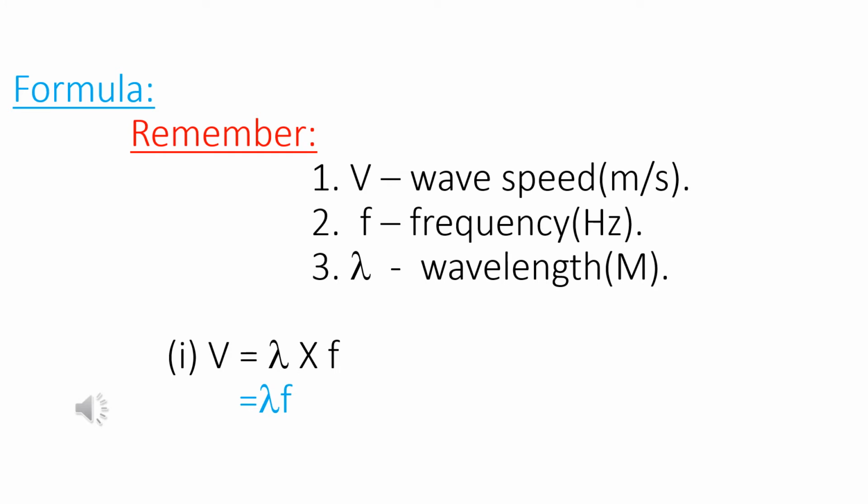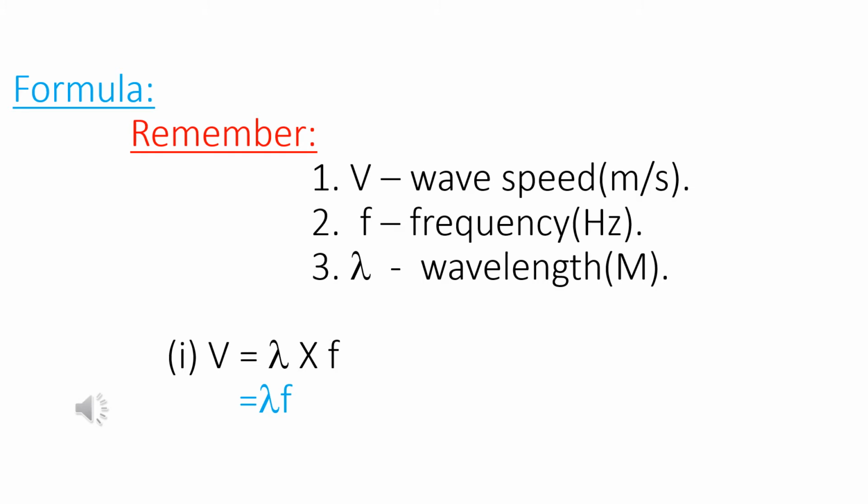Then I'll get the wave speed, which is in meters per second. Now, we are going to develop two other equations from this equation, V equals wavelength times f. Assuming I want to make f the subject, or I want to make wavelength the subject.